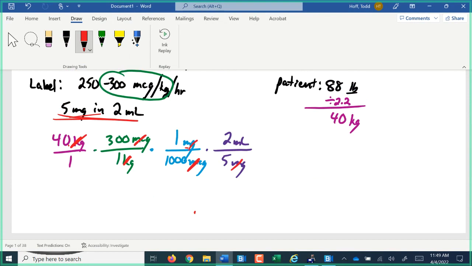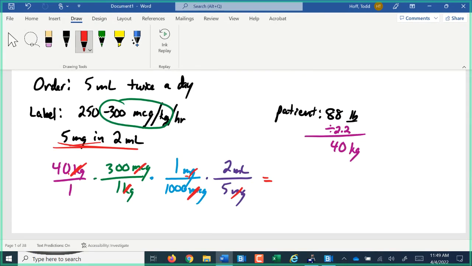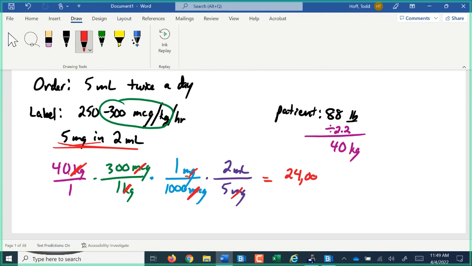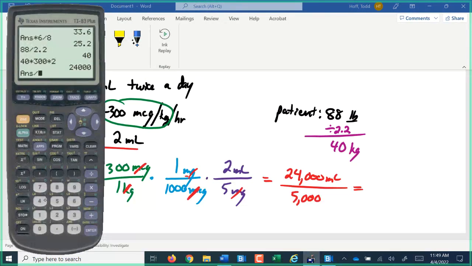Milligrams are gone. We're in milliliters, which is what we want, so that we can compare to the doctor's order. So on top, we have 40 times 300 times 2 milliliters, 24,000 milliliters, over 1 times 1,000 times 5, which is 5,000. Divide that out, giving us 4.8 milliliters.